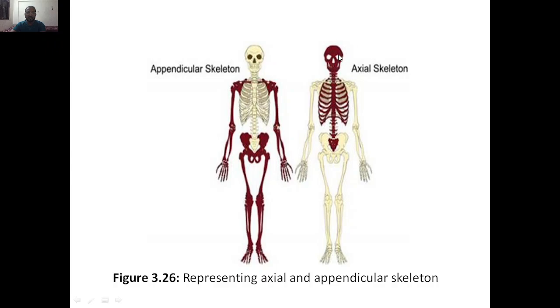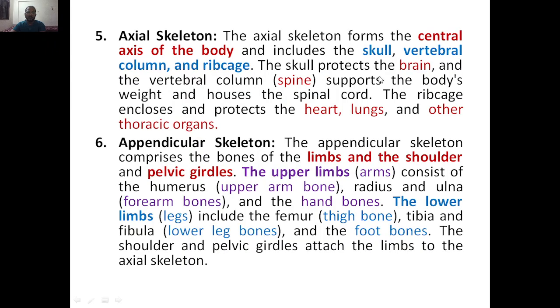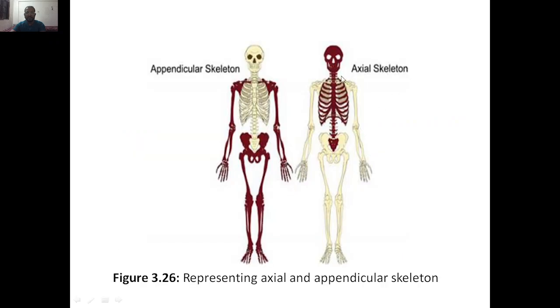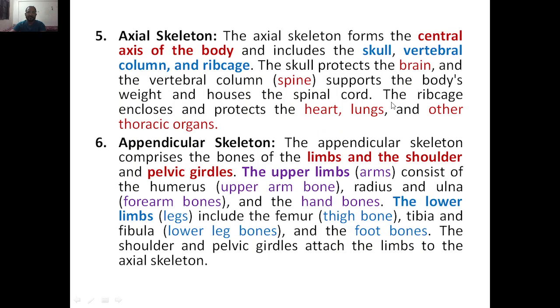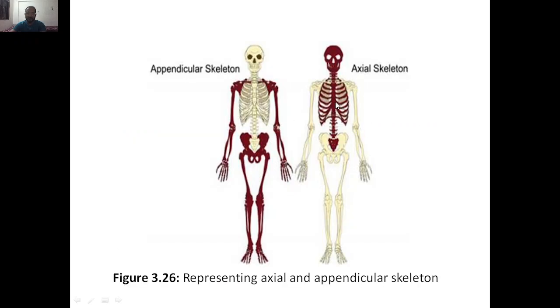We know that the skull protects the brain, and also the vertebral column, that is spine, protects the spinal cord. Okay, and then we are having the rib cage that encloses the heart, lungs and other thoracic organs, like liver and all. So brain, heart and spinal cord, these three things in the axial skeleton protect the major parts of the body.